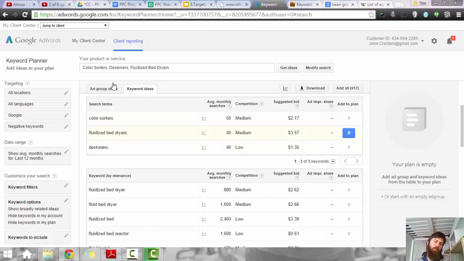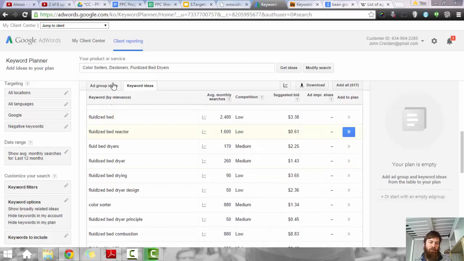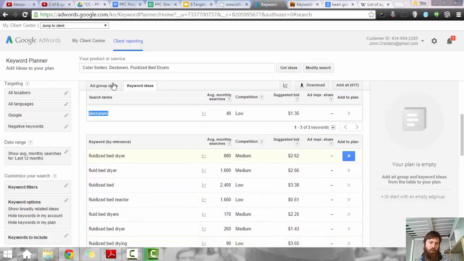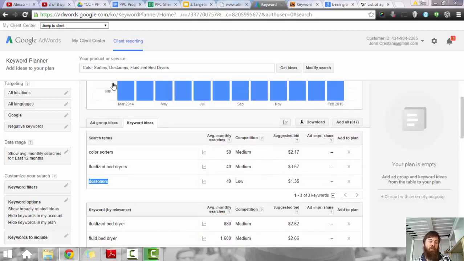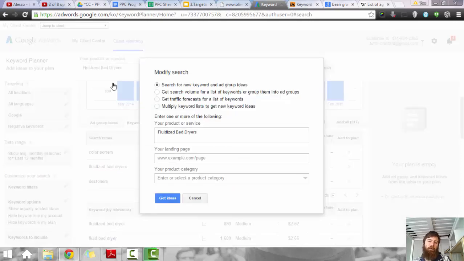So I'd end up throwing these keywords in, and I'd create their own ad groups, or I'd put them all in just one ad group. But I'd most likely create their own ad groups for them, just fluidized bed dryers, and just riff off of that. Find out what other things are similar.